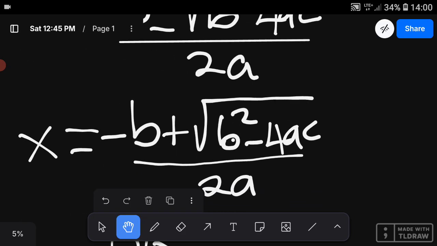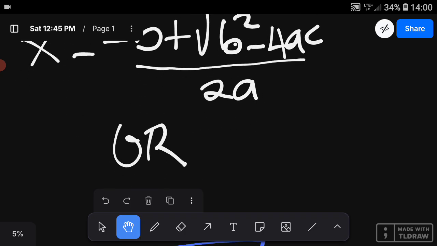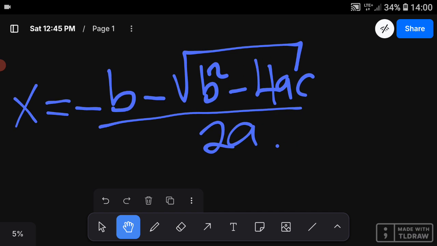It means x can either be written as negative b plus the square root of b squared minus 4ac on 2a, or x equal to negative b minus the square root of b squared minus 4ac on 2a. So this is how you can derive the quadratic formula.